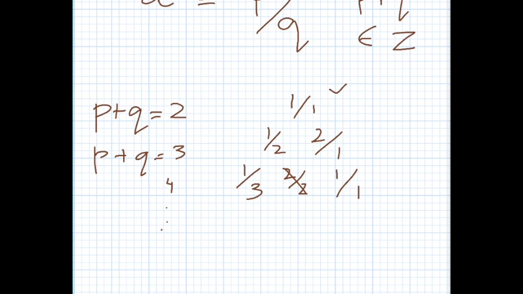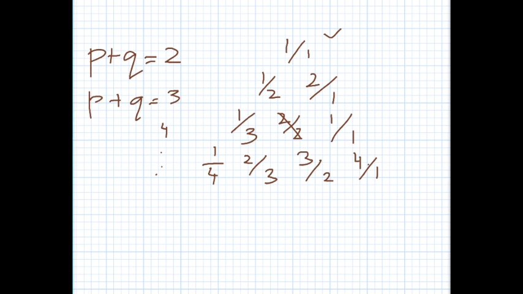So next, when P plus Q is equal to 5, I will say 1 over 4, 2 over 3, 3 over 2 and 4 over 1. Any repetition here? I don't think so. Okay, then we come to 6.